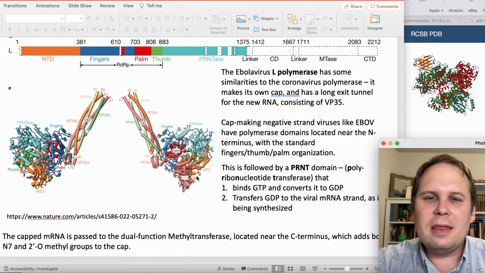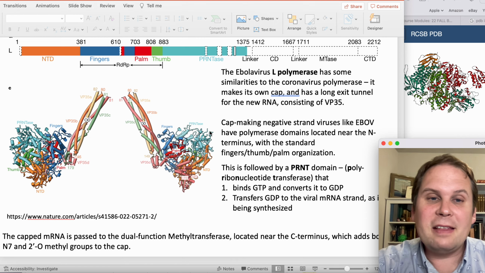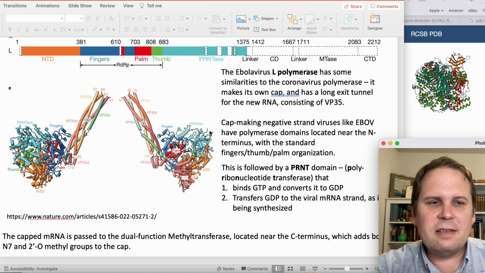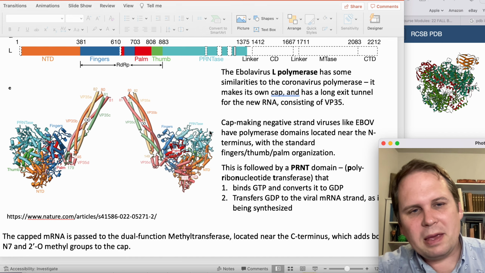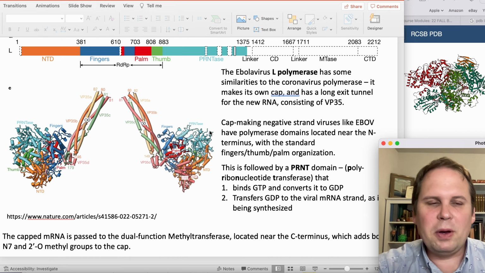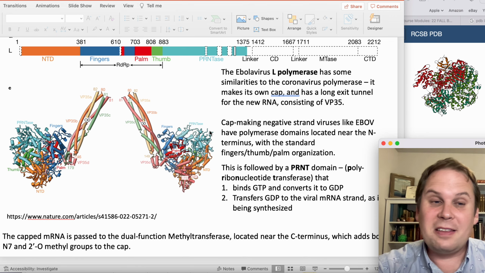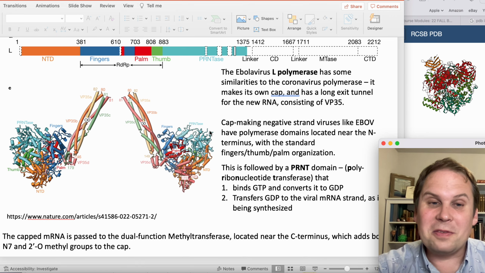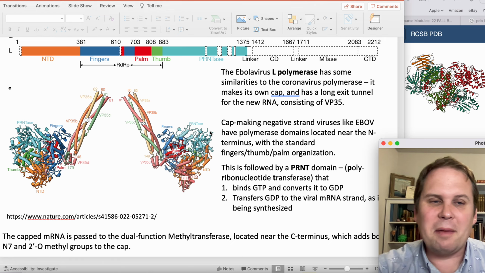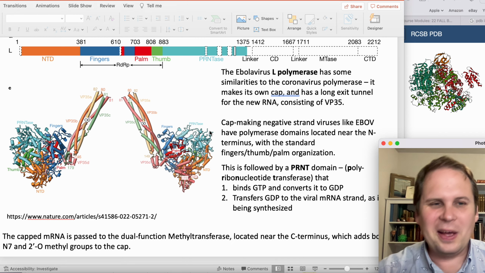Then, in this case, there is actually a domain, and it's part of the PRNTase, and it is a GTPase, so it'll convert GTP into GDP. There you go. So, boom, terminal phosphatase activity, done, sorted. Next activity, guanylyl transferase, right? And so the PRNTase does that. It just sort of flips that G around, bam, pops it on. Neat. That's the first 2 steps of capping out of the way.